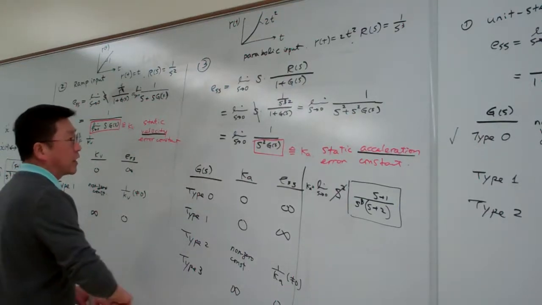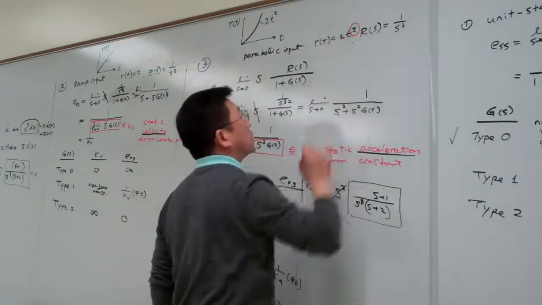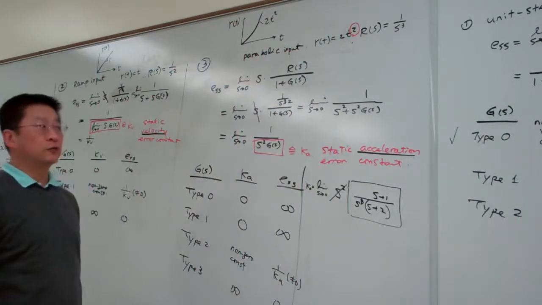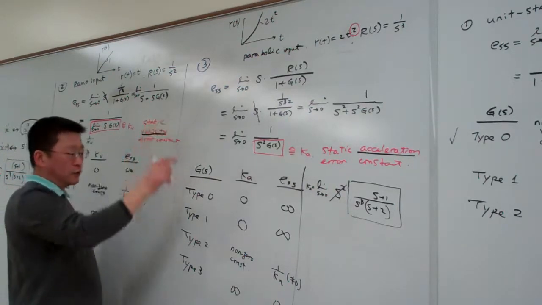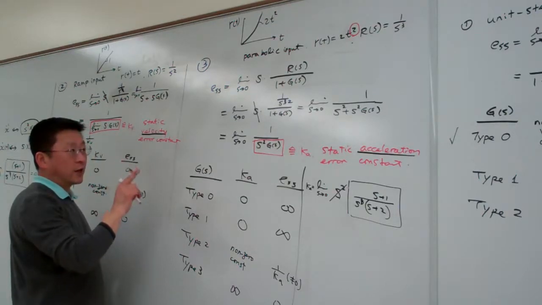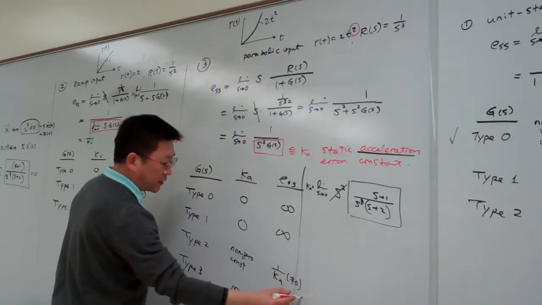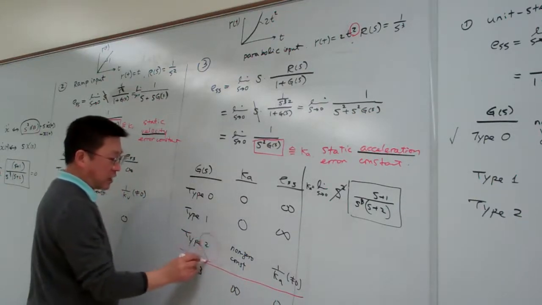So now for this case, this is the input t squared, that is n equal to 2. Corresponding to n equal to 2, for making the minimum degree of n that gives a non-zero steady state error, that is this case. So that is type 2.